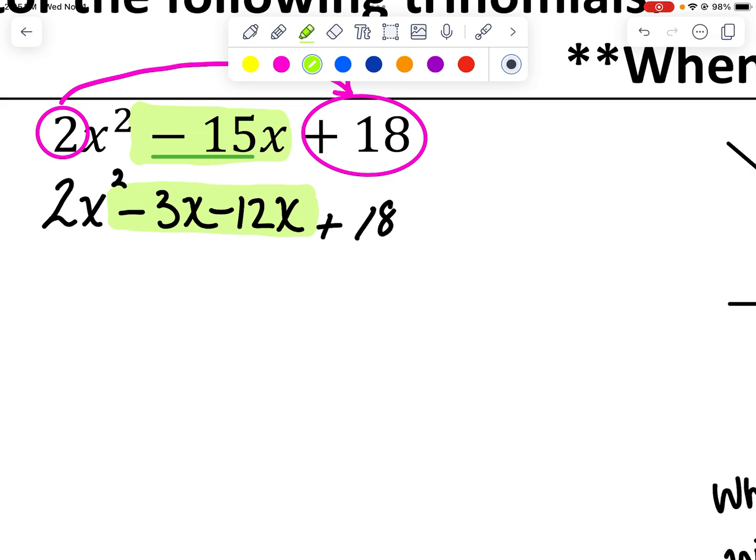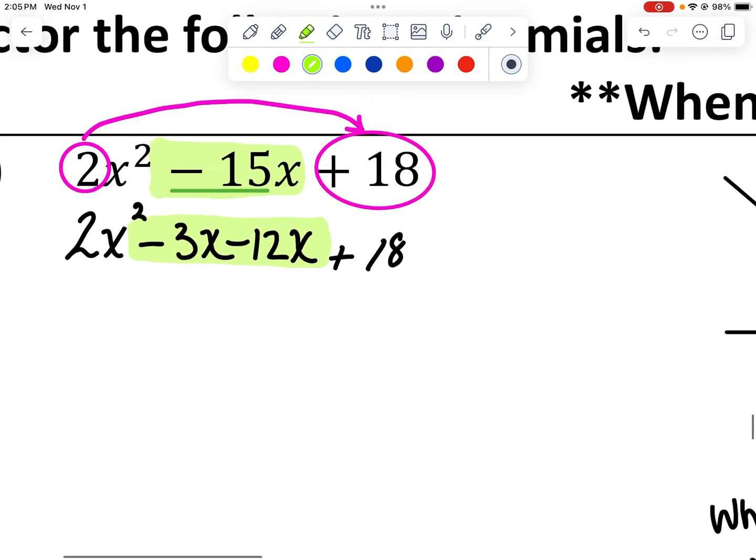Okay, so now that I've done that, I have 4 pieces. I have 1, 2, 3, 4 pieces. So there are 4 terms to this quadratic now. So now that I have 4 terms, I'm going to think about them in pairs.